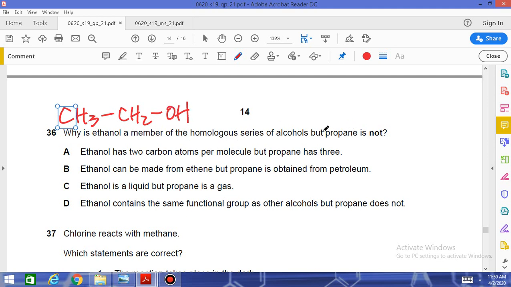Propane is an alkane with three carbon atoms. It's the simplest hydrocarbon.